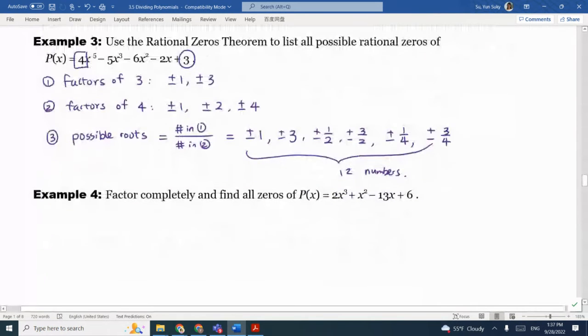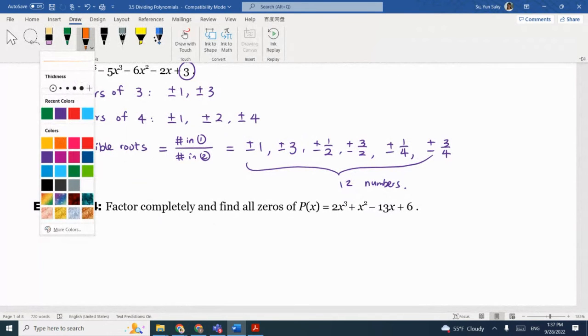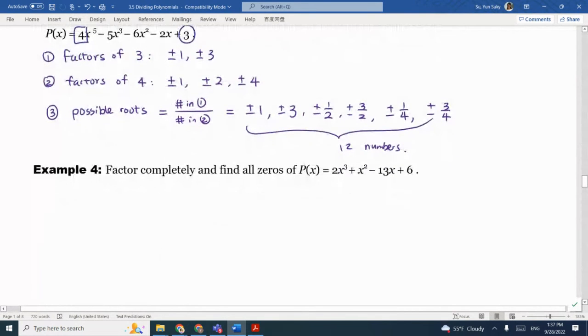Okay, so now let's continue. Next problem, we want to factor completely and find all zeros of this polynomial. We always start with the constants. That's the numerator of your possibilities. So we look at factors of 6.